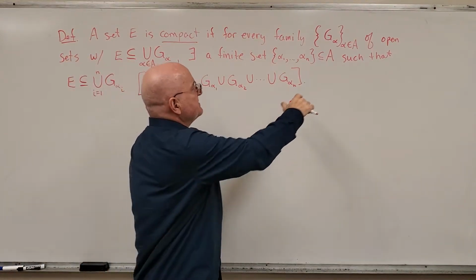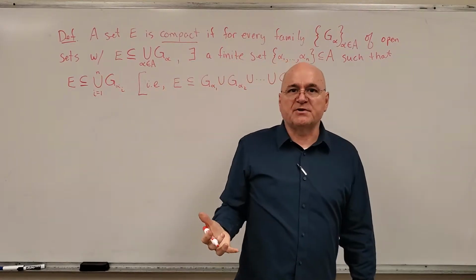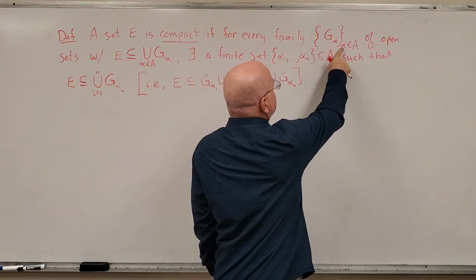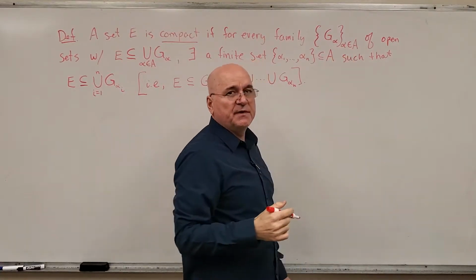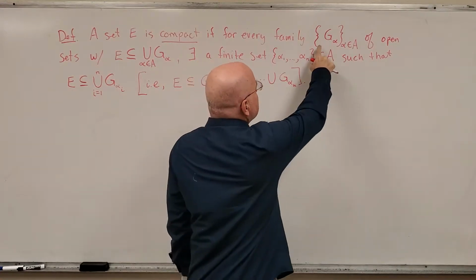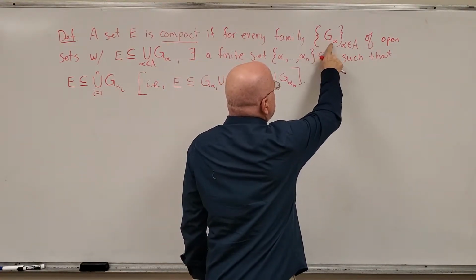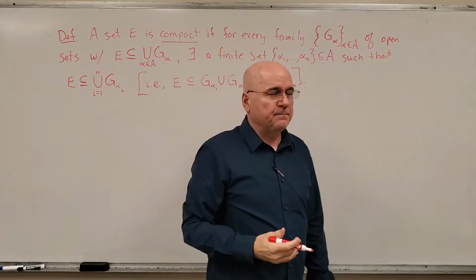So the index set here, alpha, could be all real numbers. There could be an uncountably infinite number of sets that we're defining here. It could be that A is the natural numbers, which means that this would be a collection of open sets, G1, G2, G3, ... would all be open sets.